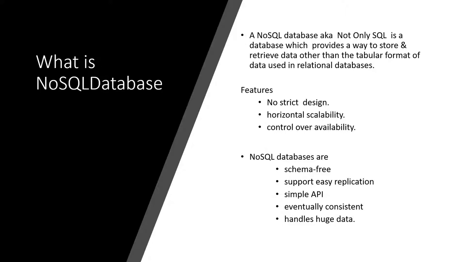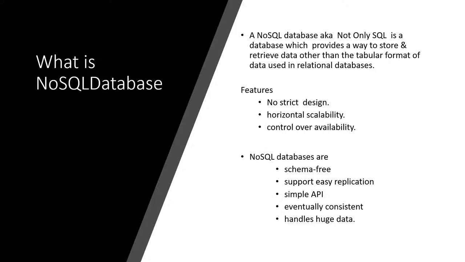You can add n number of nodes. You have multi-node environments available, and you have commodity hardware as well. You can use that commodity hardware, and you can control the availability, like how many nodes will be there, which will suffice for the cluster.